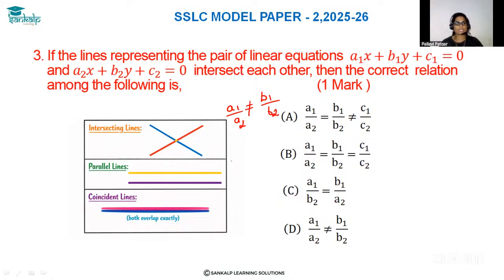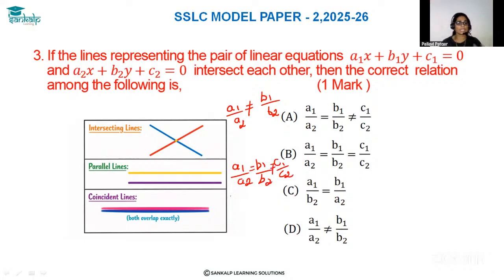If the lines are parallel, then a1 by a2 equal to b1 by b2 is not equal to c1 by c2.